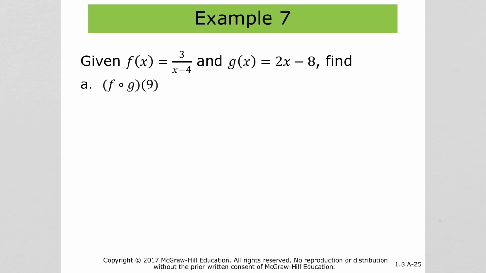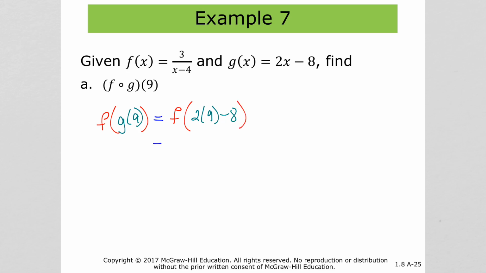So this is f dot g of 9. So we're doing the same thing. F of g of 9 in this case. Okay? So f of g of 9, that's 2 times 9 minus 8.